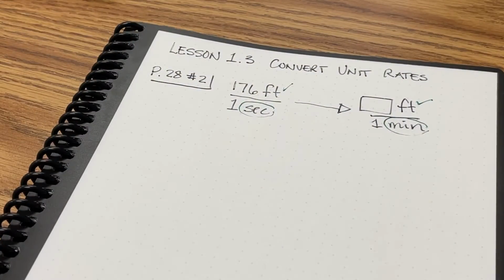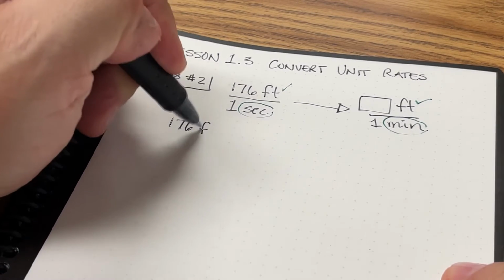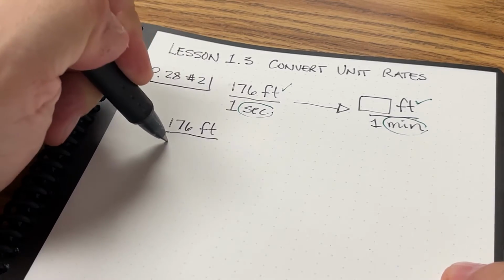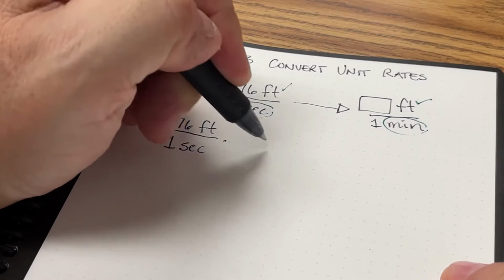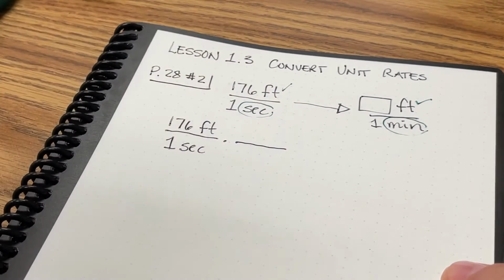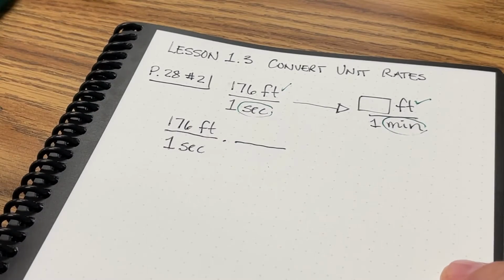All right. So I'm going to set it up this way. I'm going to start with 176 feet per 1 second. And I'm going to multiply this by some conversion that's going to give me minutes in my denominator.